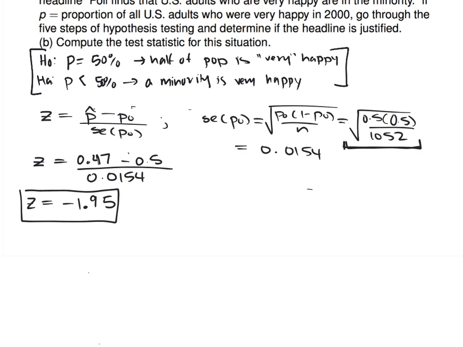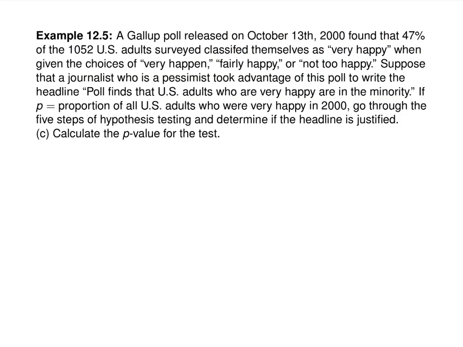Okay. Next, find the p-value for this test. So p is the probability that you're going to observe a z-value that's less than or equal to negative 1.95. So looking at that normal picture, it's the area from negative 1.95 on down.